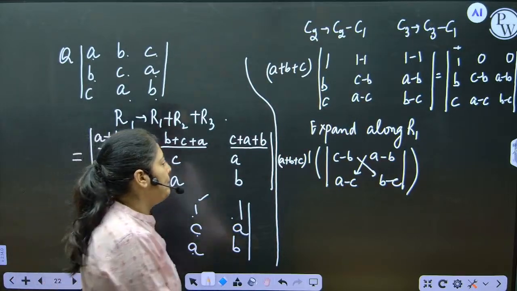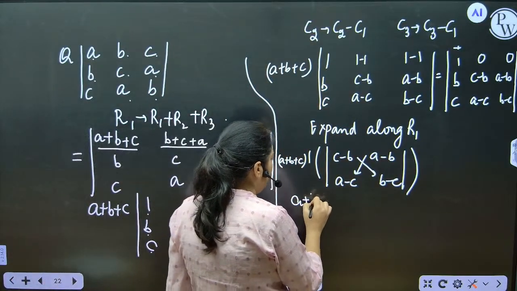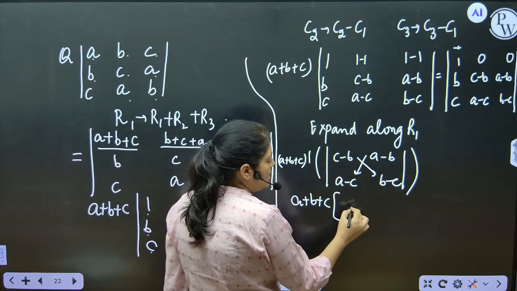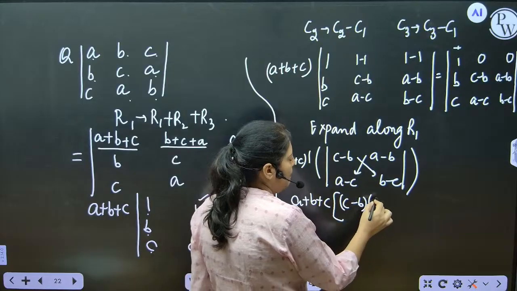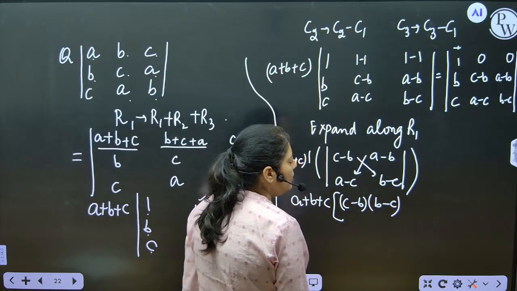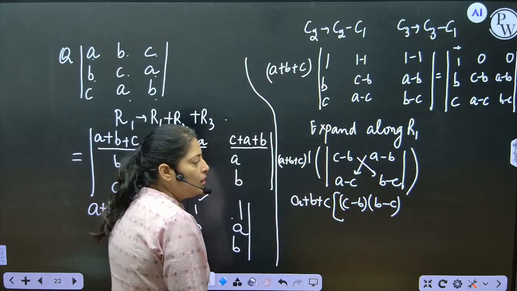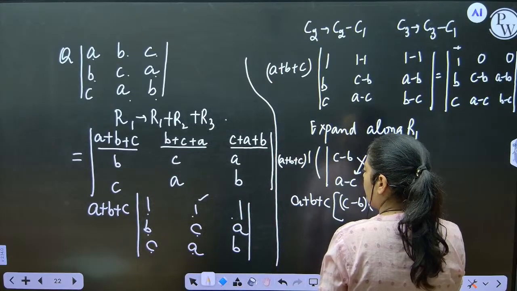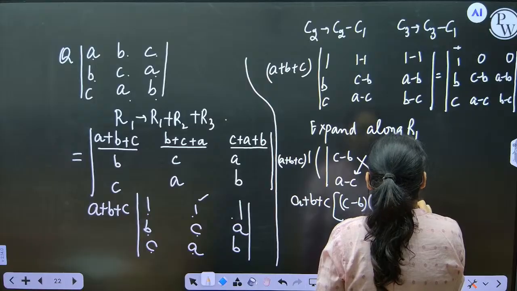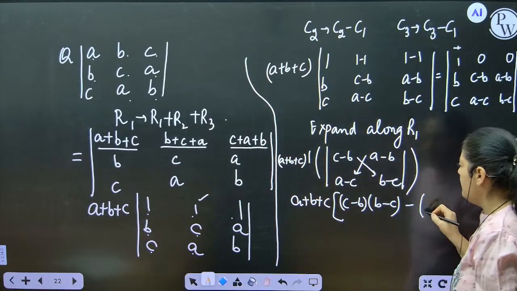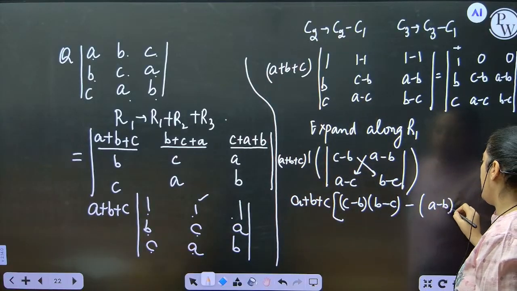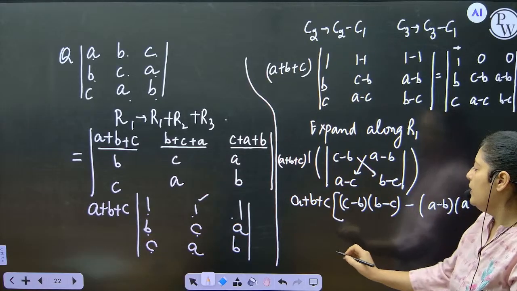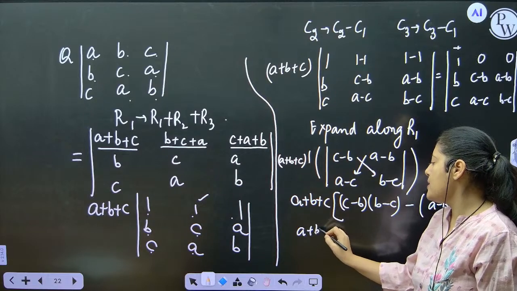So now A plus B plus C as it is, we multiply C minus B and B minus C, with the minus sign, A minus B and A minus C. A plus B plus C outside as it is.